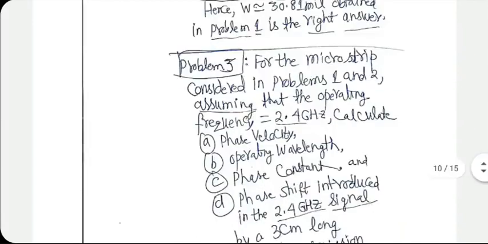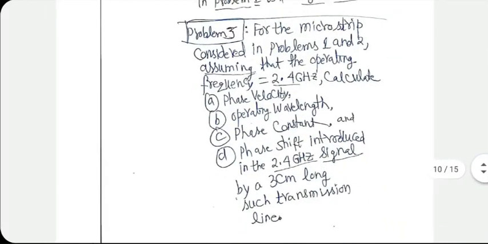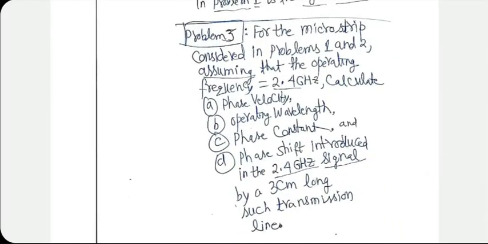Now for the same microstrip that we have designed in problems 1 and 2, let's calculate various performance parameters. Phase velocity will be C divided by square root of epsilon r effective.